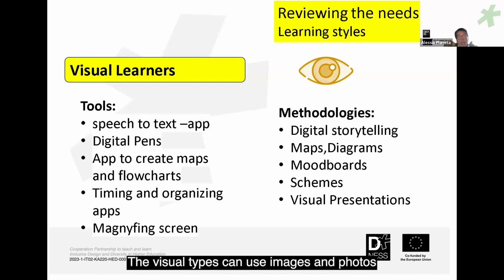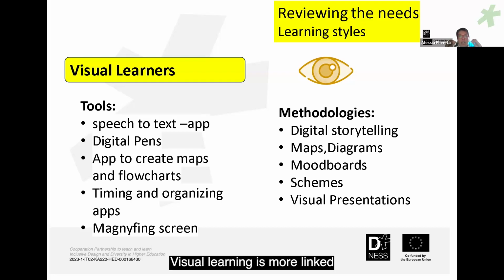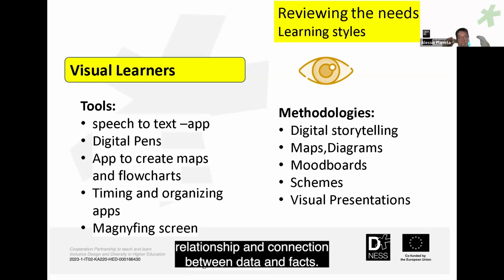The visual types can use images and photos to better memorize, but it's not linked to images and photos. Visual learning is more linked to patterns and shapes. They need to see the different relationships and connections between data and facts.